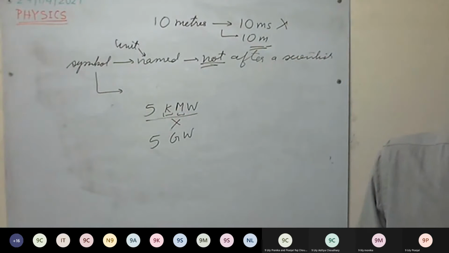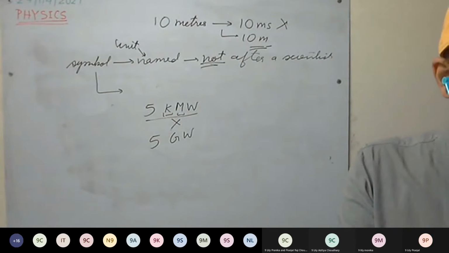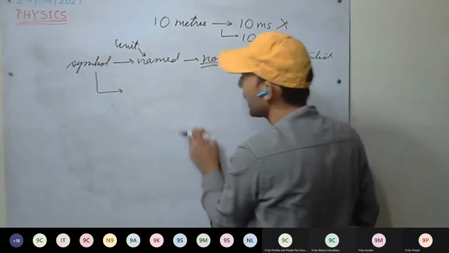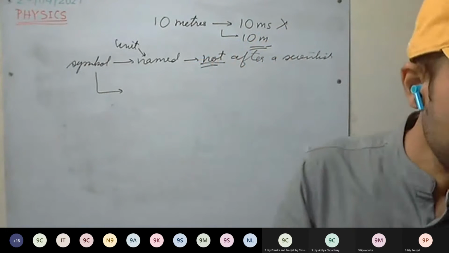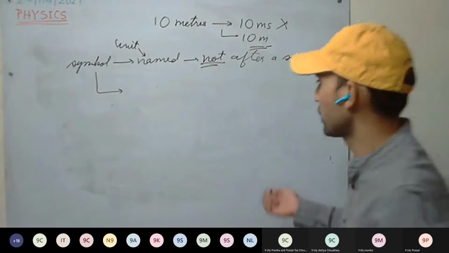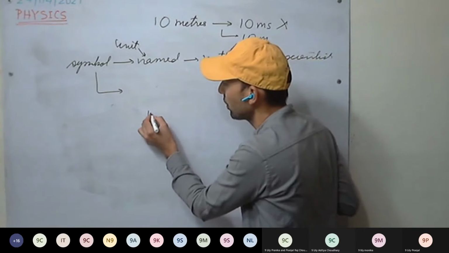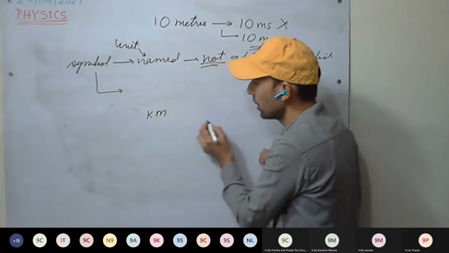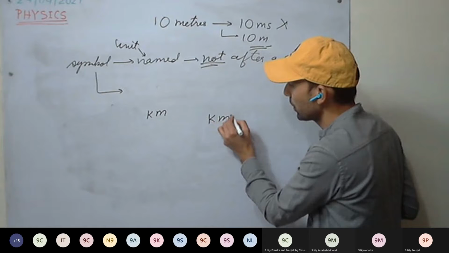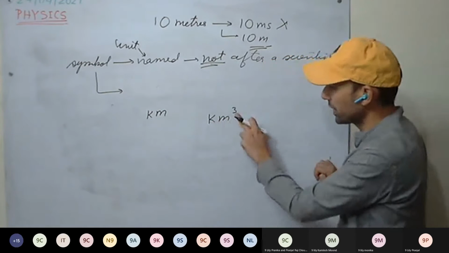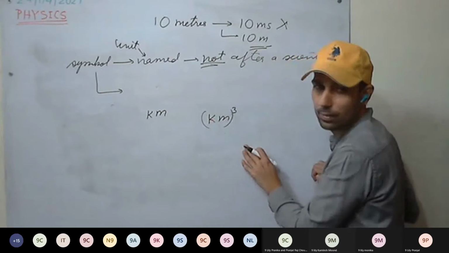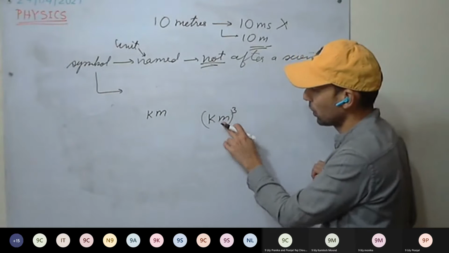Okay. Next is when a prefix is used with the symbol for a unit. Then it becomes a new symbol for the unit. For example, we have kilometer. When I write kilometer cube, it means the cube is not just for meter. It is for the whole kilometer.